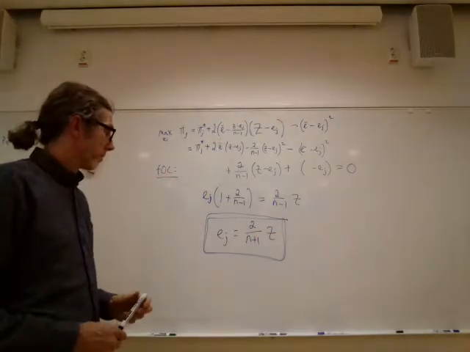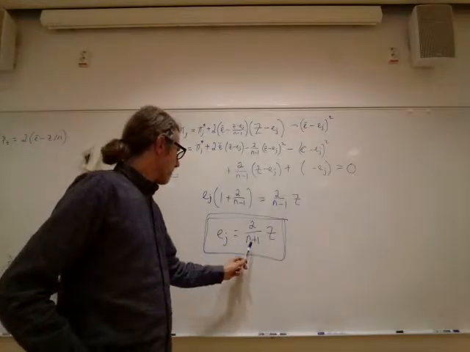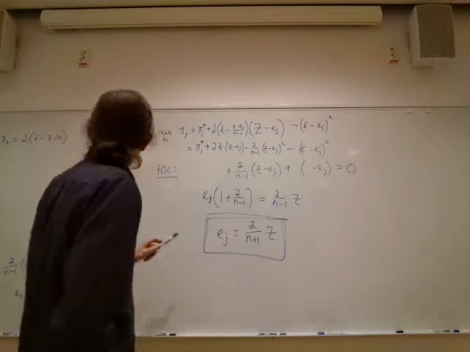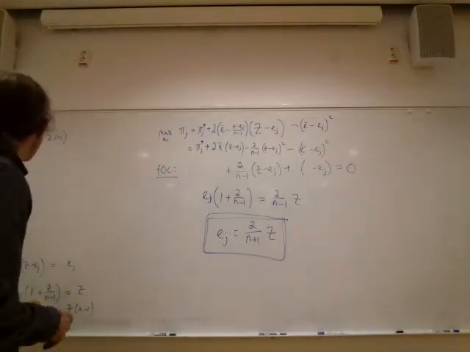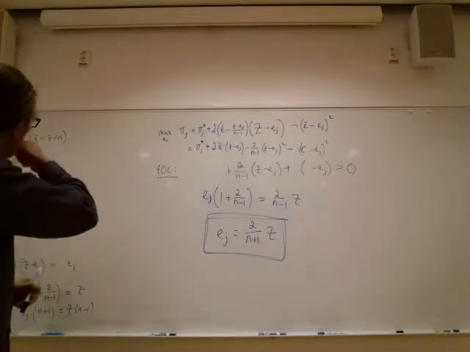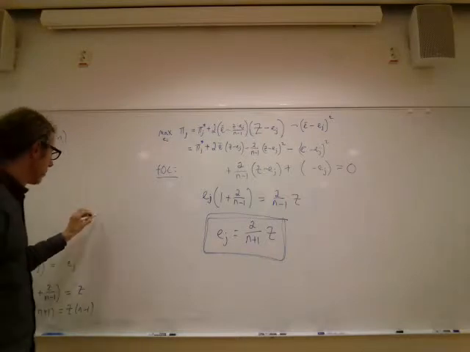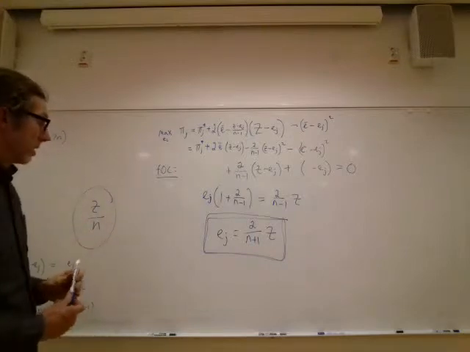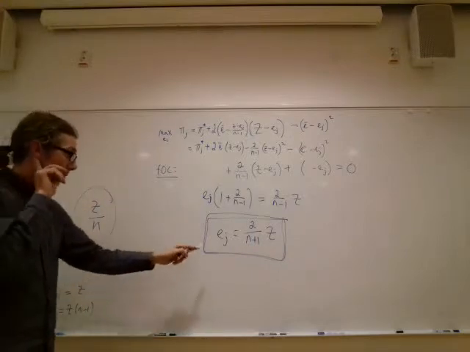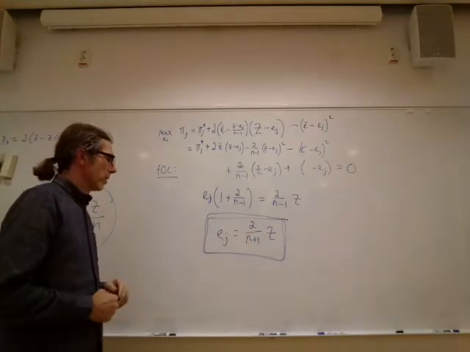So, if we compare to what emissions are in the perfect market, they are Z over N, aren't they? From each firm. But here we have 2Z over N plus 1.